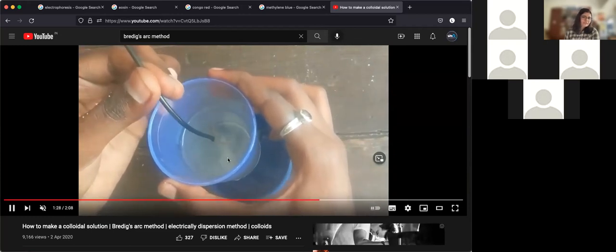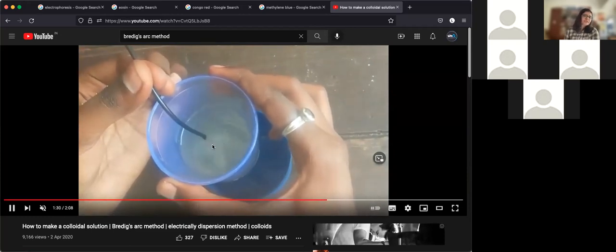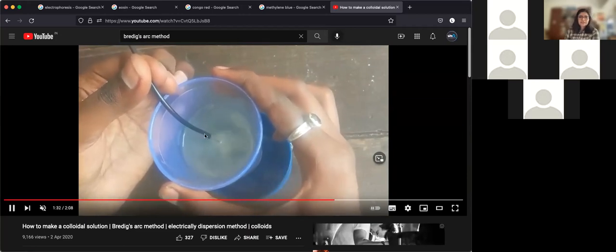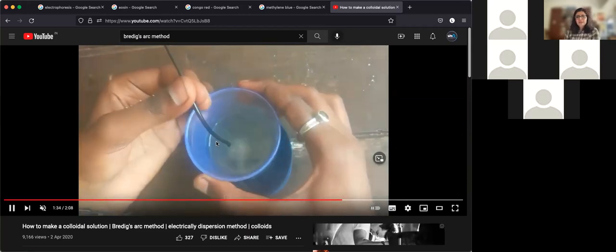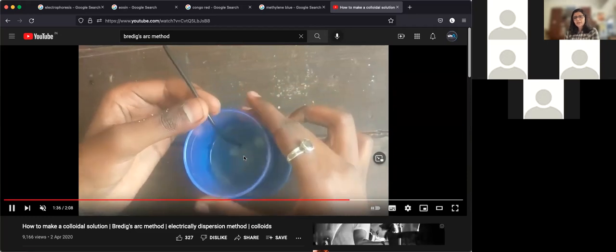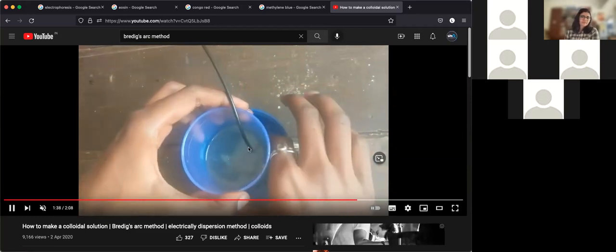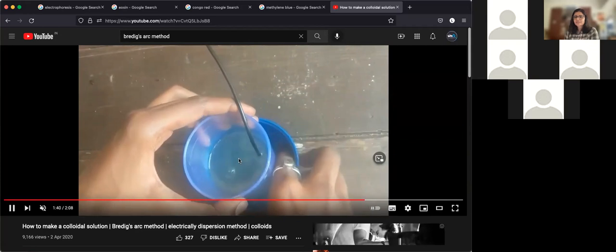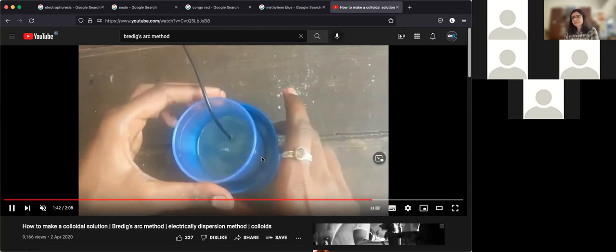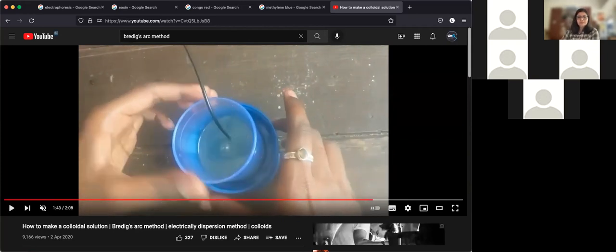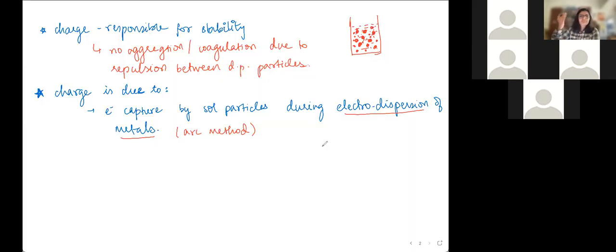So during this method, because you're using an electrical arc, electrical energy and all that, some of the sol particles end up picking up some of the electrons and they end up having a charge. So that is what is theorized. That charge leads to the suspension, so they won't aggregate.